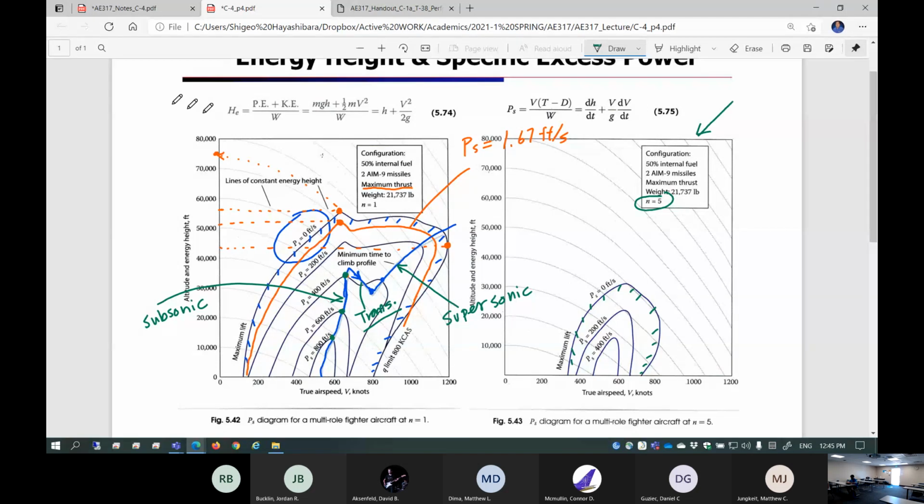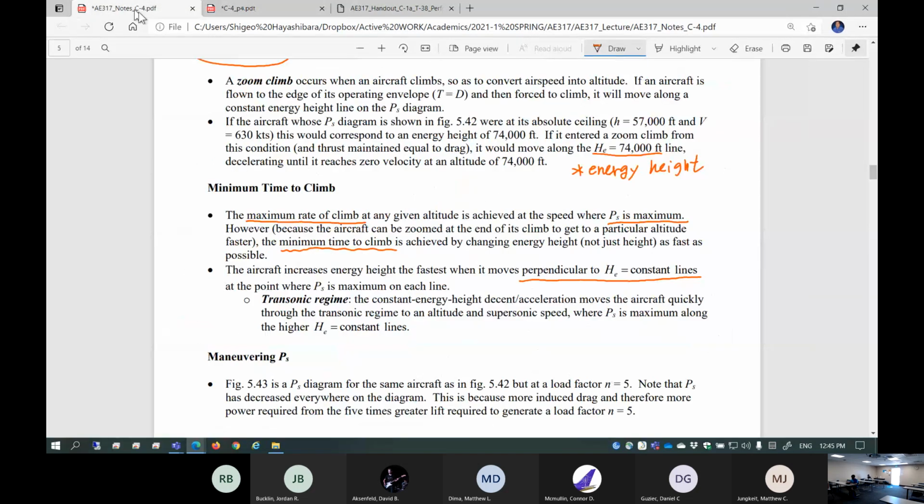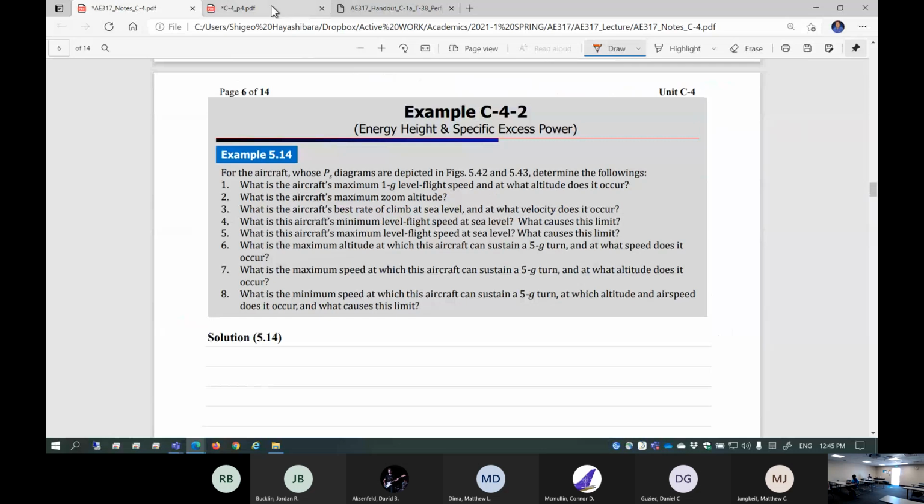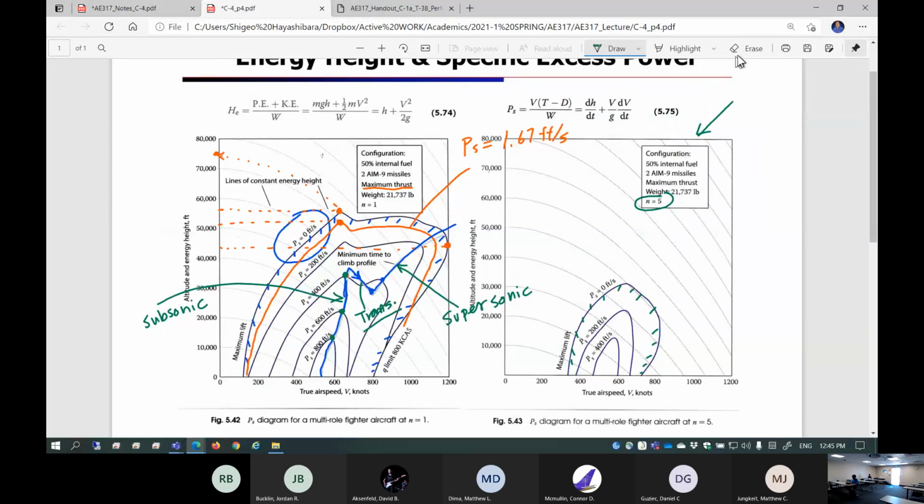Let's take a look at an example problem here. Before doing that, let me clean up this figure because I'm going to use it.